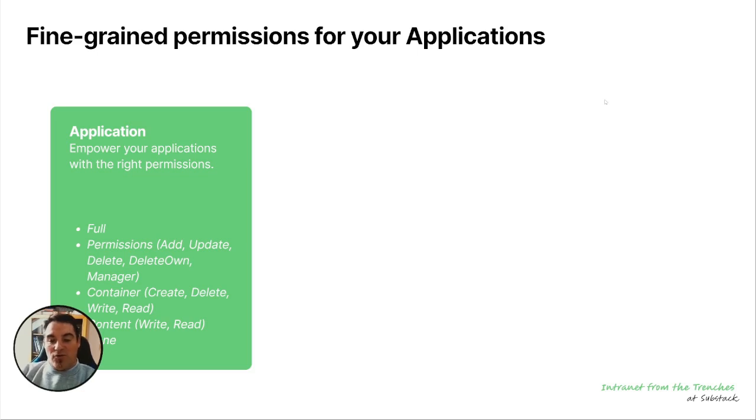We can have another group for container management: create new ones, remove containers, write the properties, change the properties of the container or read them only, and about the content. Very, very intuitive.